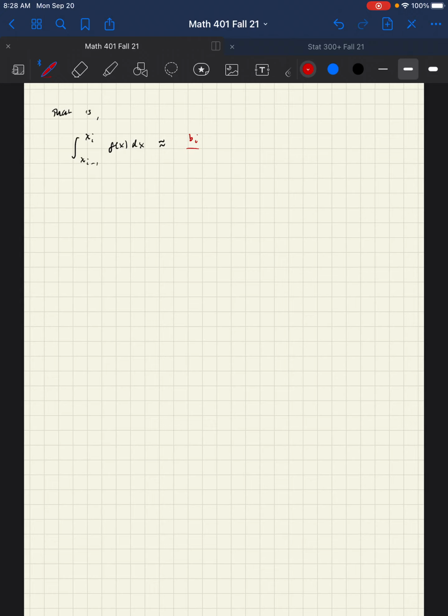So what does the area of a trapezoid look like? It's the base of that trapezoid divided by 2 times the first height plus the second height. I guess I should call these h sub i comma 1 plus h sub i comma 2, because they're two different bases.